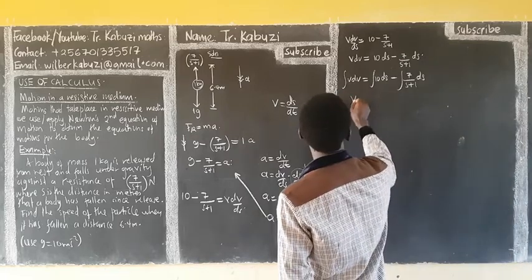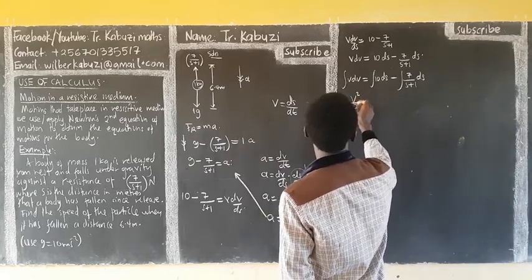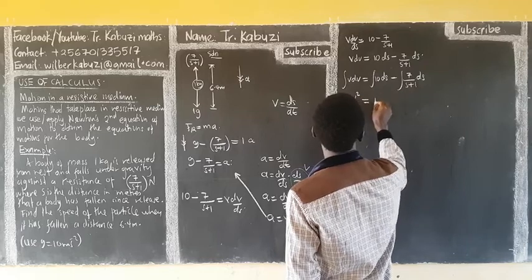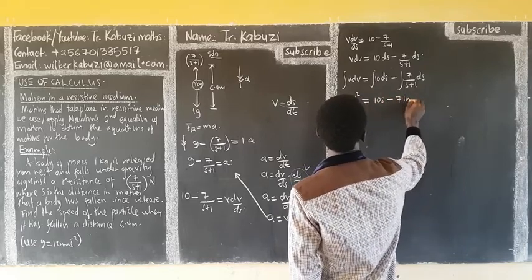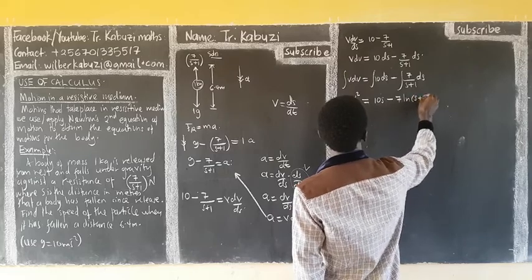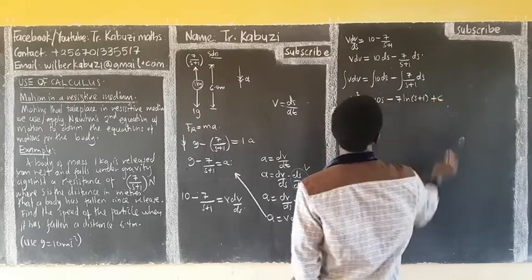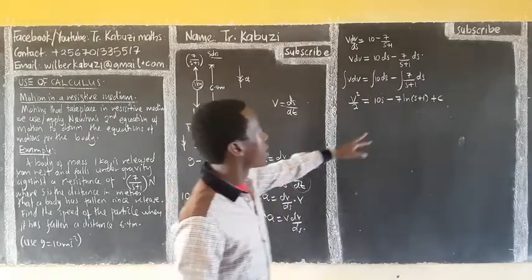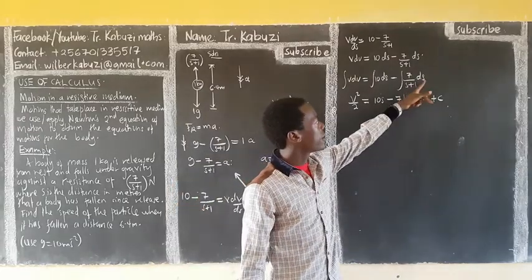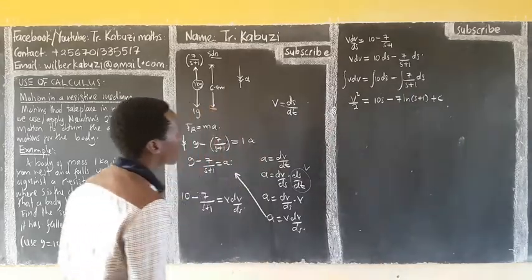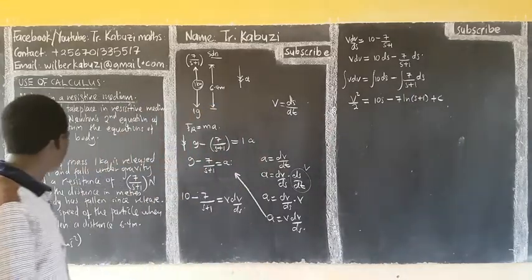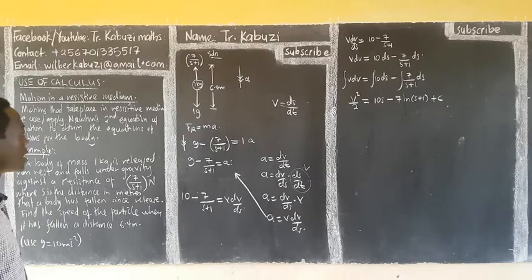This will give us v squared over 2 equal to 10s minus 7 natural log of s plus 1, plus the constant of integration. Because s plus 1 is a linear function, I'm getting the natural log. So we need to get the value of the constant c.